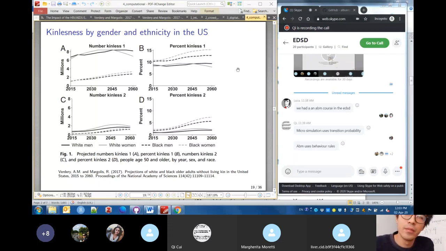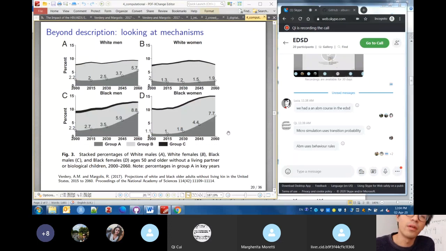This divergence between the black and the white population, the black population on top and the white population below. So more kinlessness amongst the black population, because the input rates for black and white were different. So we would expect them to diverge in a meaningful way.